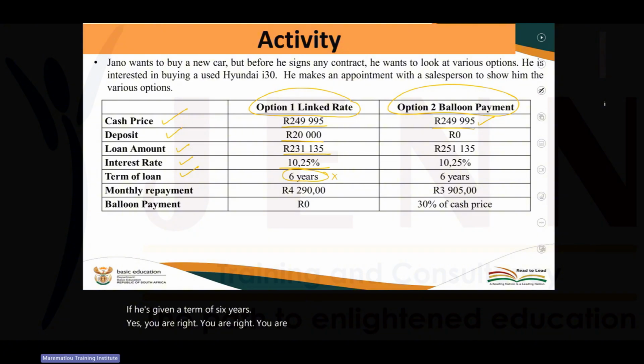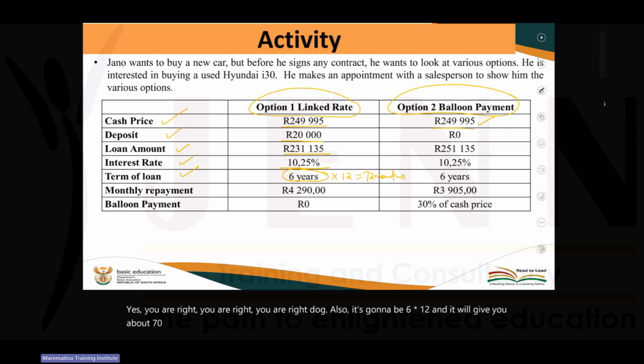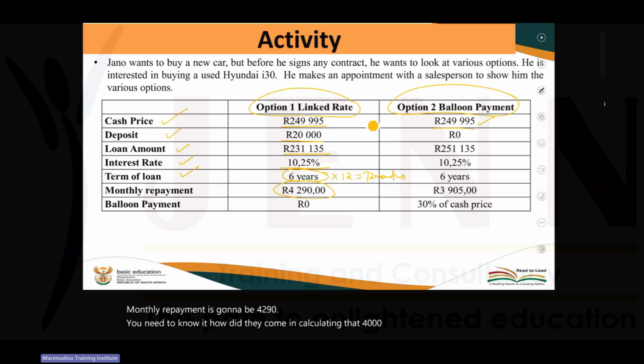It's going to be 6 multiplied by 12, and it will give you about 72 months, meaning that he's going to pay this car for 72 months. Monthly repayment is going to be 4,290. You need to know how they calculated that 4,290. That is our option 1.